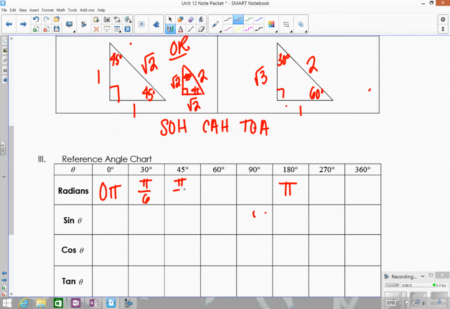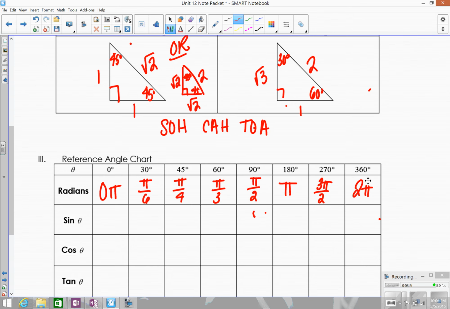So we have 30 degrees is pi over 6, 45 degrees is pi over 4, pi over 3, pi over 2, 180, 3 pi over 2, and then 2 pi. Basically, if you know that pi and 180 are equal to each other, or 180 degrees is equal to pi radians, I kind of think of 180 degrees equaling pi.